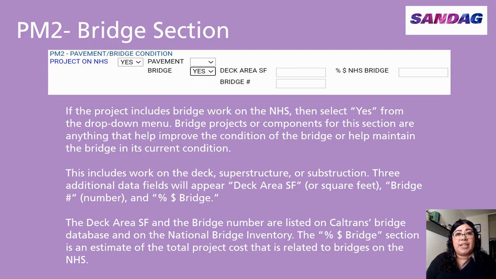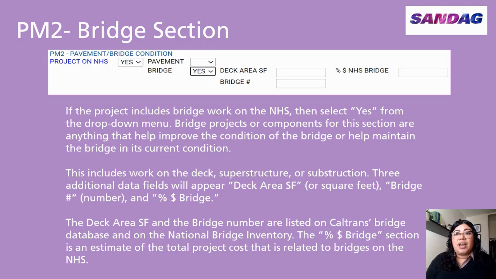Returning to the bridge section, if the project includes bridge work on the NHS, then select yes from the drop-down menu. Bridge projects or components of this section are anything that help improve the condition of the bridge or help maintain the bridge in its current condition. This includes work on the deck, superstructure, or substructure.